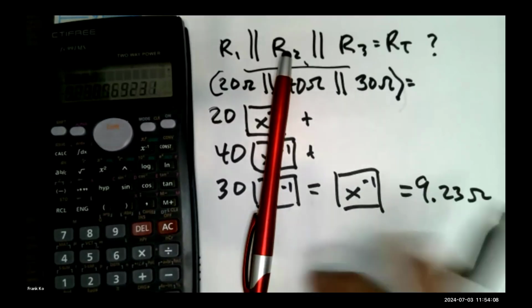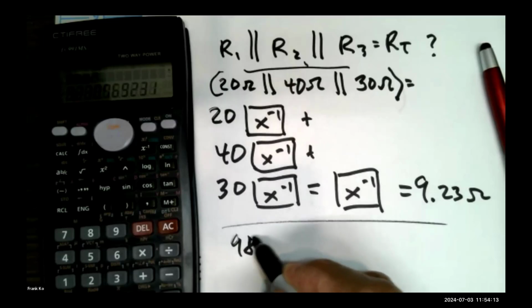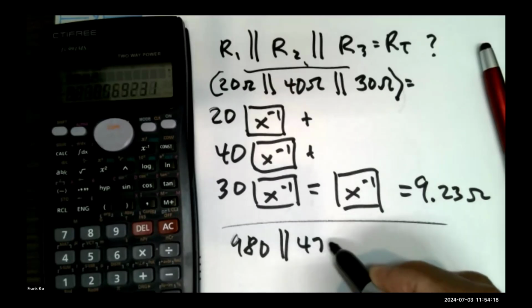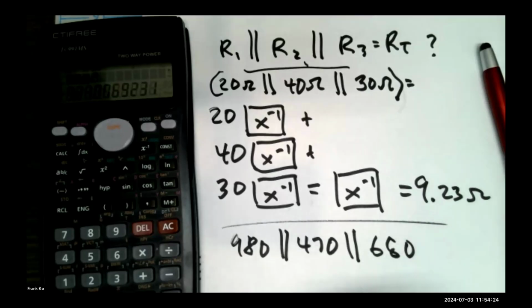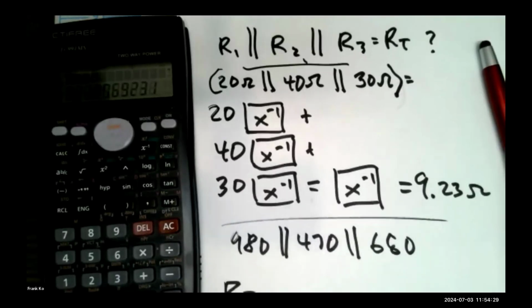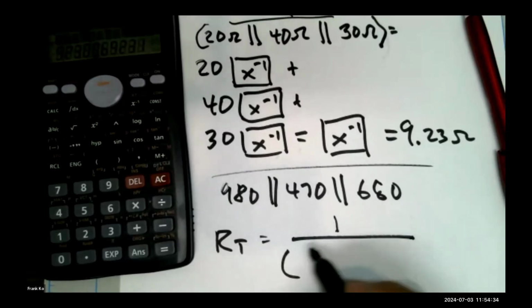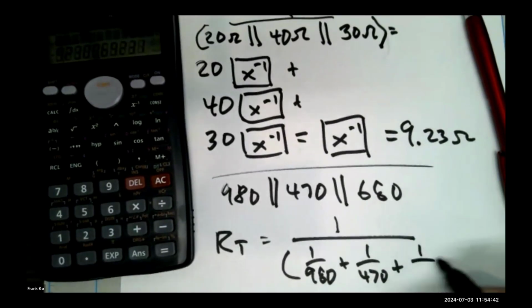Okay, next, let's do this one more time because we had another example. We had 980 in parallel with, what do we have? 470 in parallel with 680. So my RT, remember, our total, is the reciprocal of 1 over 980 plus 1 over 470 plus 1 over 680, close parentheses.